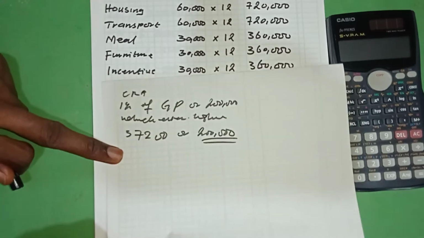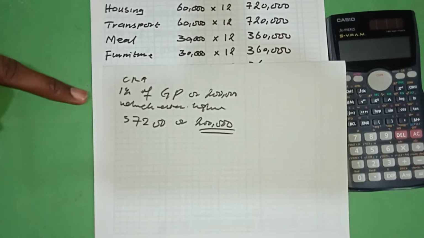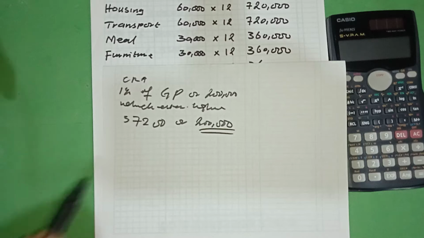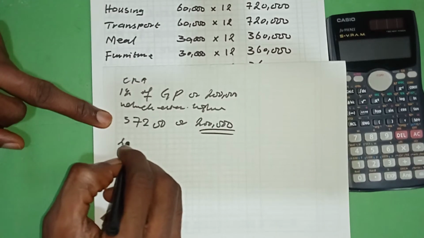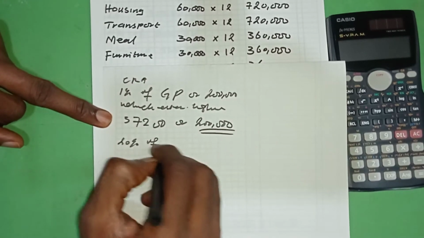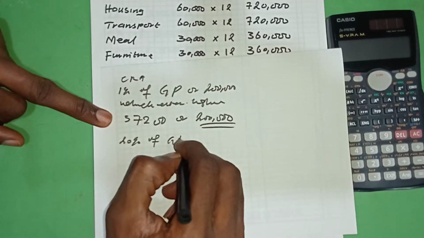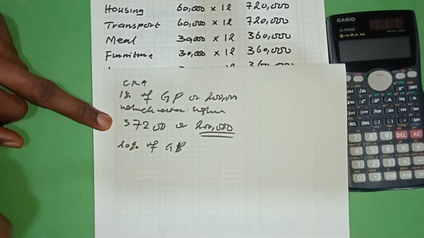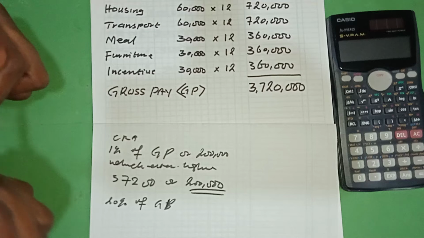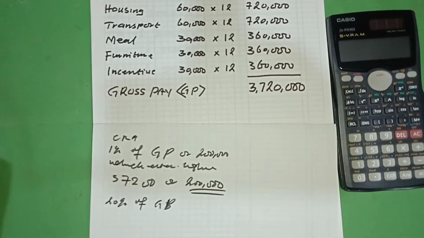And the CRA did not end there. It went ahead to say 1% of gross pay, or 200,000, plus 20% of the gross pay, of the GP. Now what is 20% of the GP here?